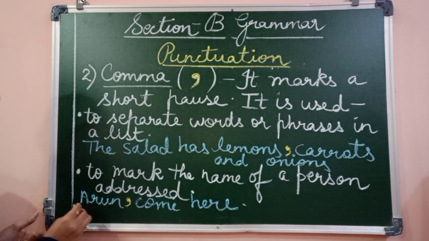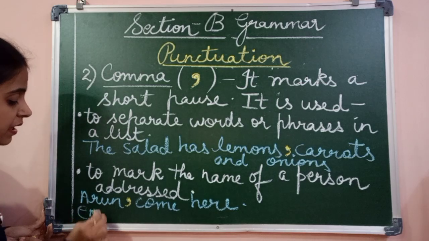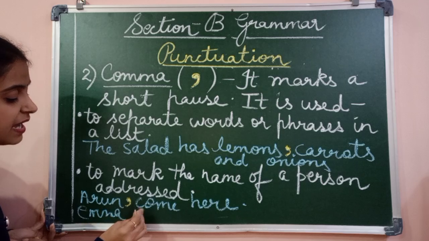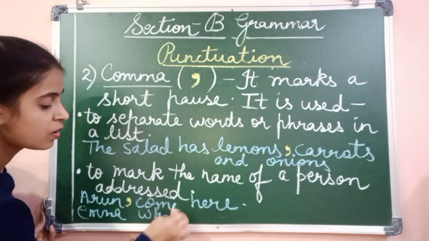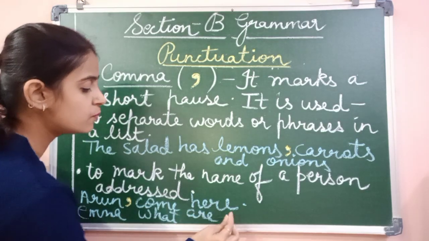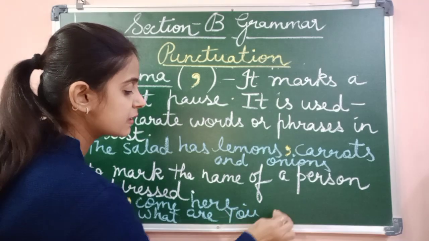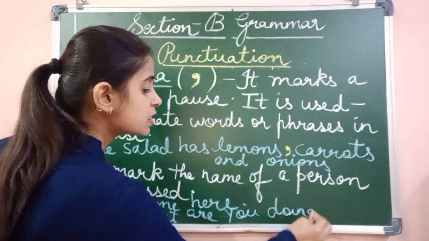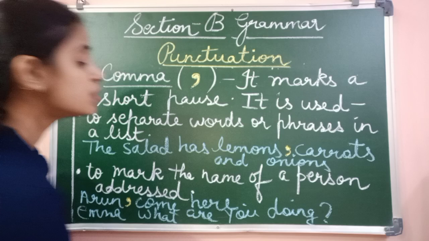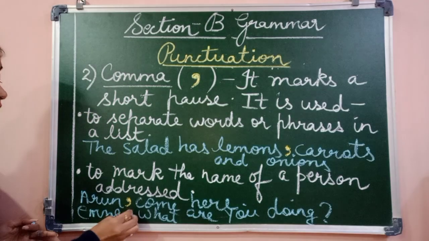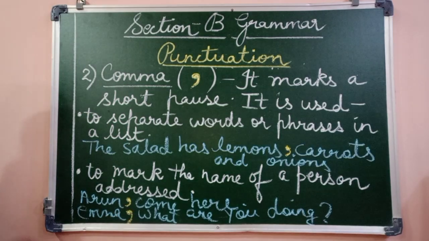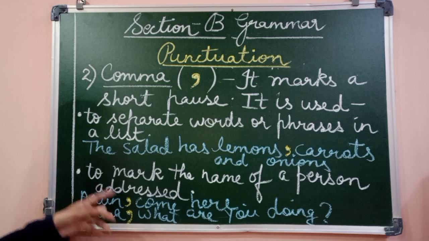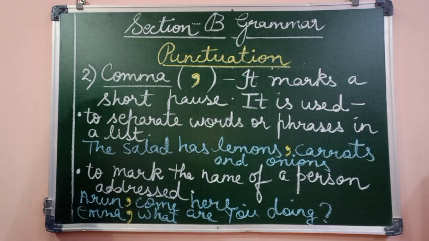I give you one more example. For suppose I write, Emma, what are you doing? Right. So we are addressing Emma. So after Emma we will put a comma. We use comma when we mark the name of a person addressed. So after the name of that person we use commas. Right.